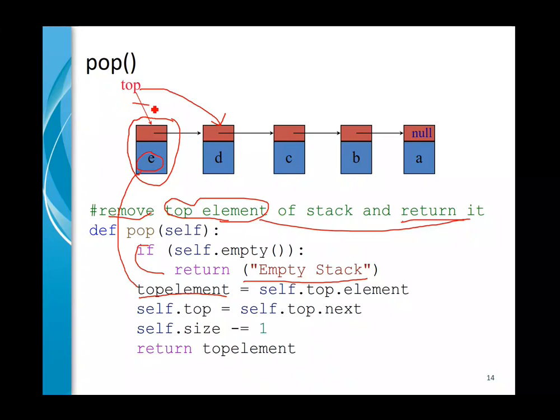Then the size is reduced by 1, and it returns the saved element. The chain will actually remove this node entirely, because there's no pointer pointing at it. That's the case of pop.